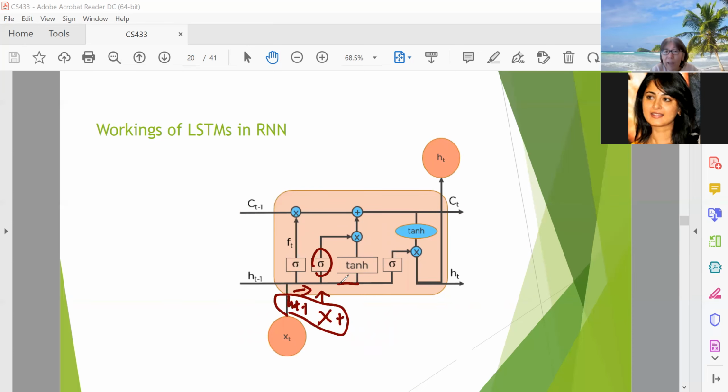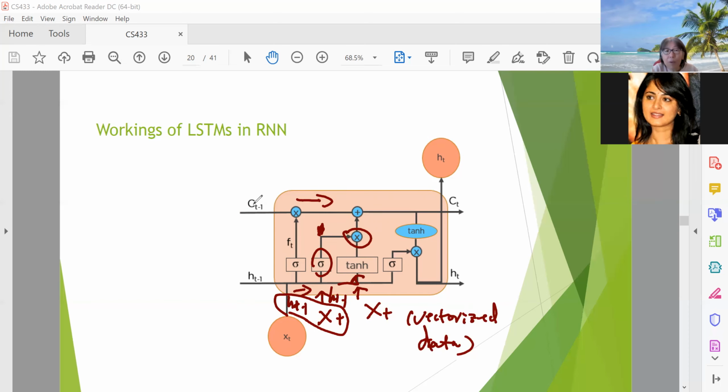And this tanh is the same thing: it will take x_t and h_t minus 1 and vectorize the data. Both together, you multiply them. Because if it's 0, that means totally forget. If it is 1, then you will consider this part.